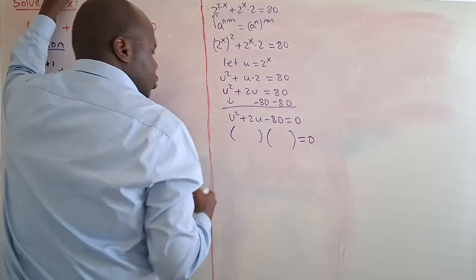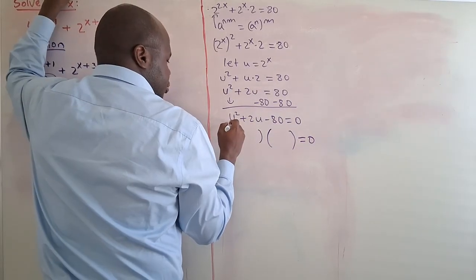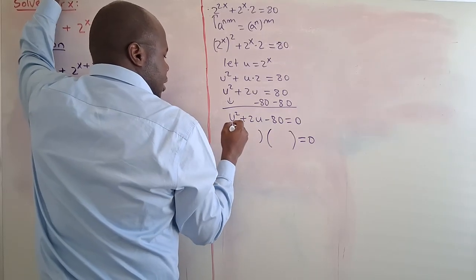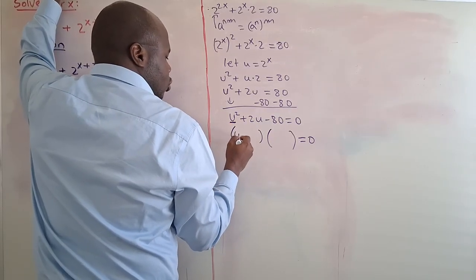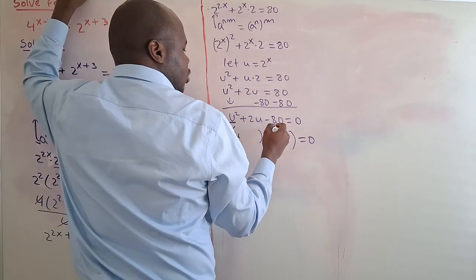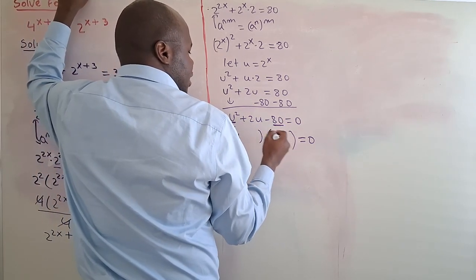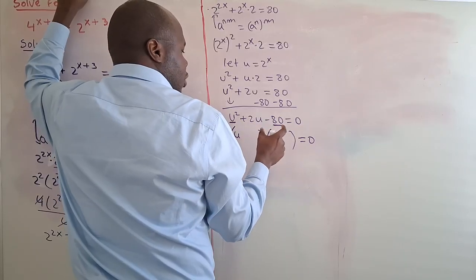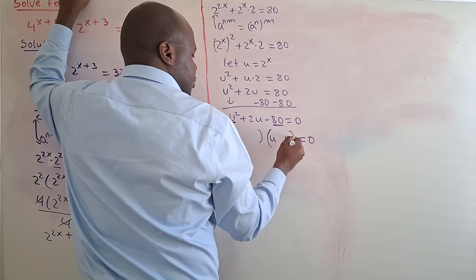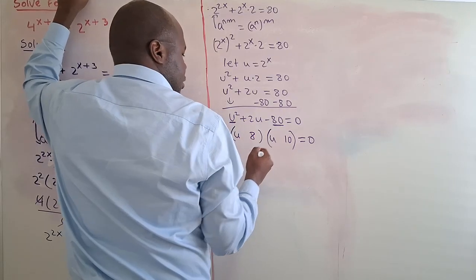To factor it out, we need to find two letter u's. When we multiply them, give us u squared. So we know that u times u gives us u squared. And we need to find two factors of 80. When we multiply them, give us 80. And when we add or subtract them, give us 2. We know that we have 10 and we have 8.